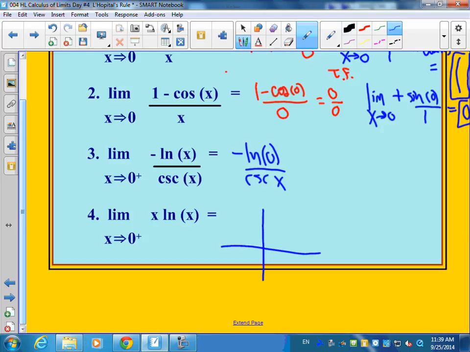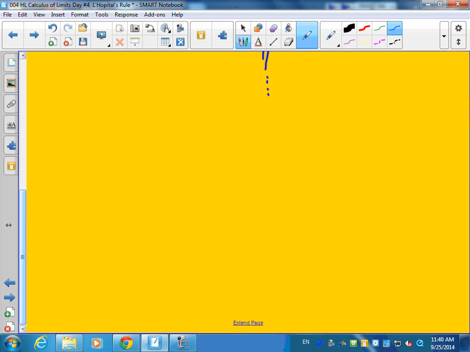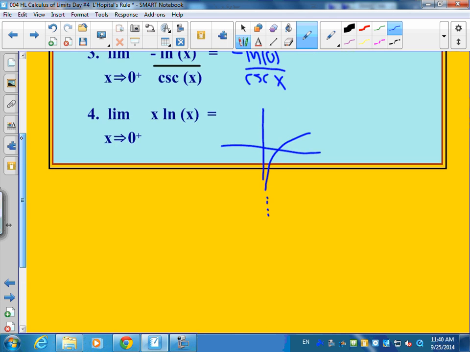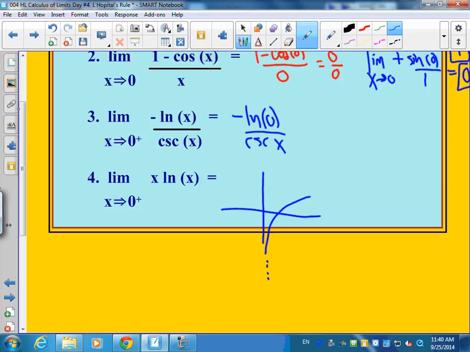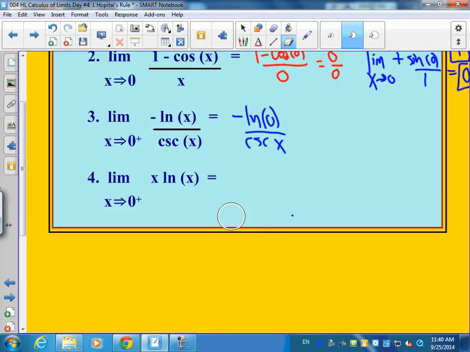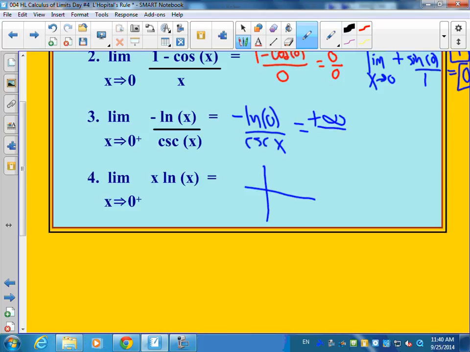We're coming from the right, and natural log does this. So to the right of 0 it's going to be positive or negative infinity. What do you think? Negative infinity, right? So this one is going to be negative infinity.